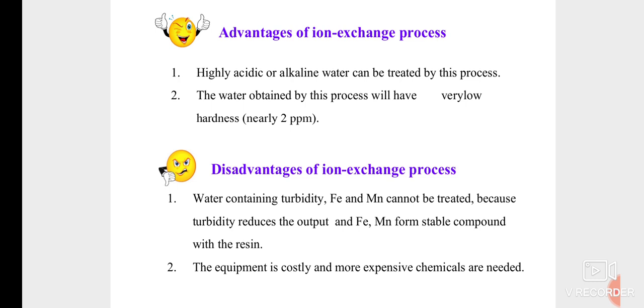Then the different reactions involved in the main and regenerative systems, and some advantages and disadvantages of the ion exchange process.